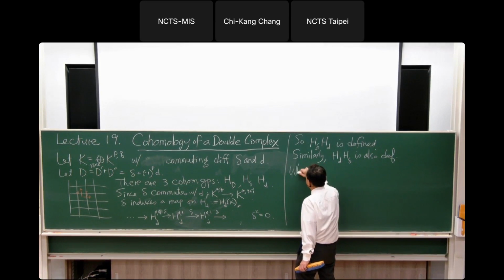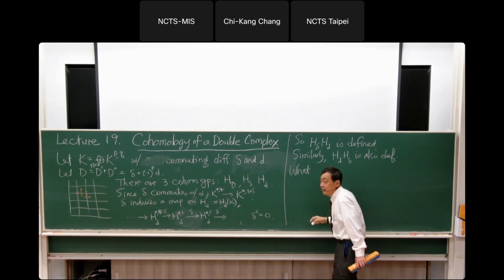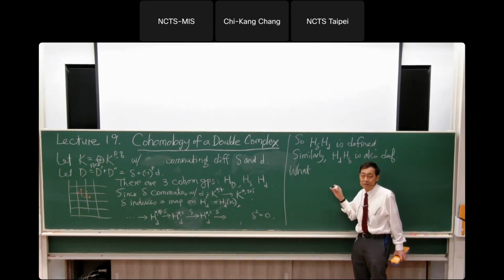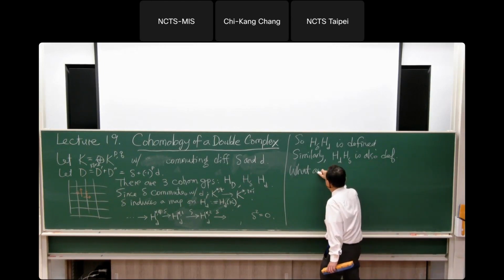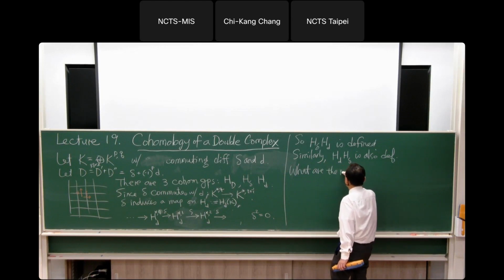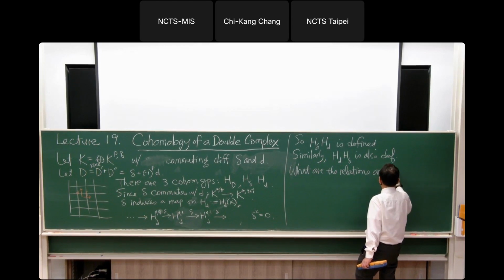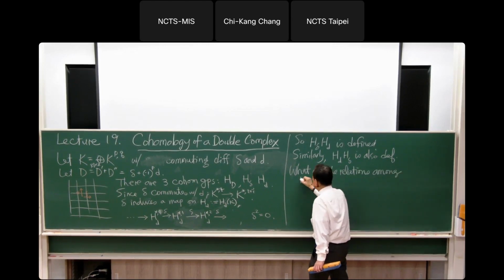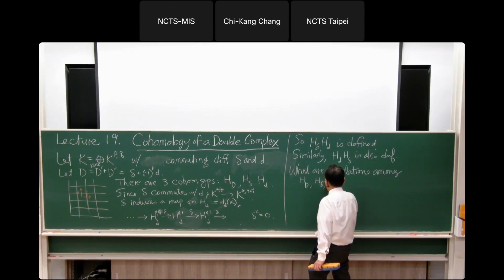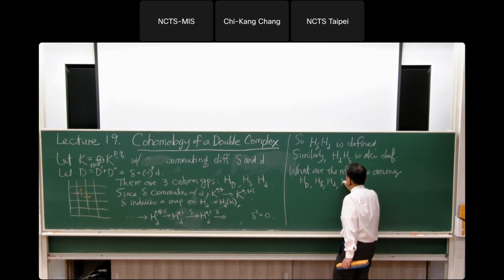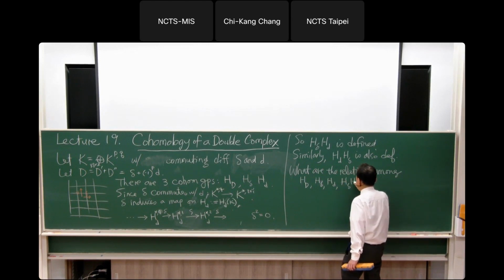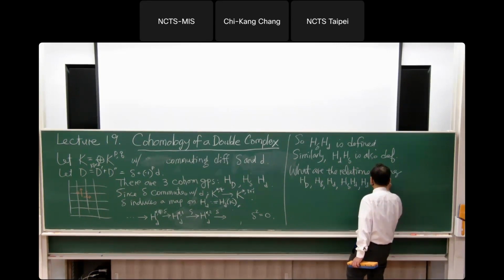And what we want to look at today is, what are the relations among these 5 cohomology groups: H_D, H_delta, H_d, H_delta H_d, and H_d H_delta.